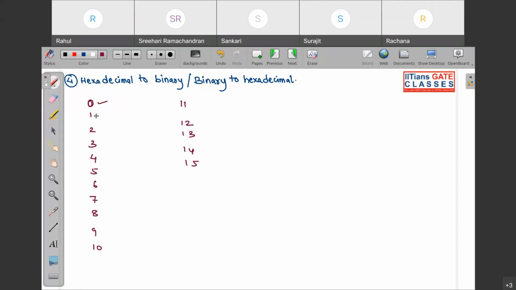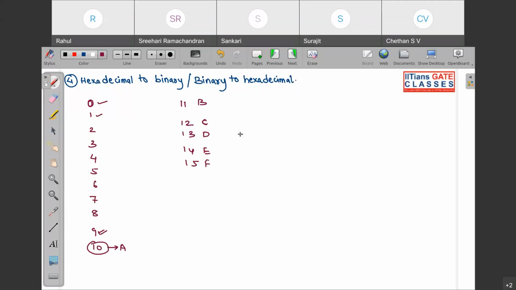So 0 is represented with 0. Up to this point, we have no problem. But how do we represent 10 in hexadecimal? We give it A, 11 as B, 12 as C, 13 as D, 14 as E, and 15 as F.